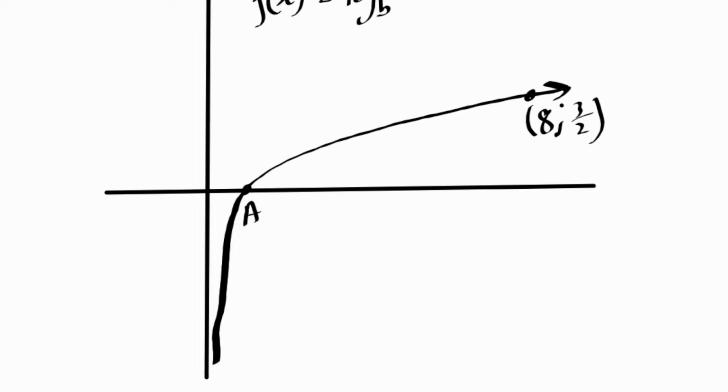Now, without even having to do any calculations, what are the coordinates of point A? Do I have a winner? Is it 0 and 1? Oh, I meant 1 and 0.